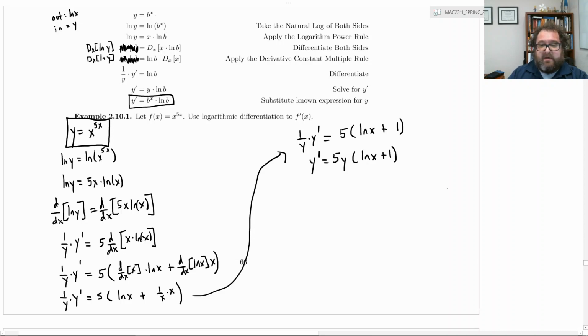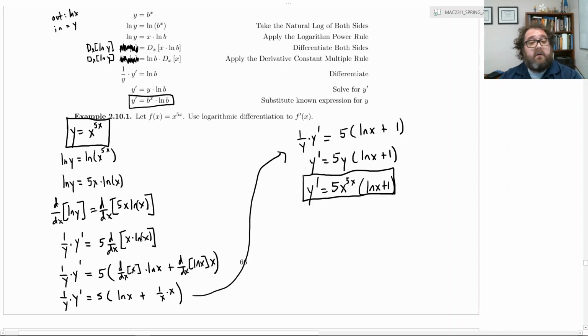So we could say by back substitution, we get y prime equals 5 times x to the 5x, because we know that's what y equals, times natural log x plus 1. There we are. There is our derivative of a variable base function with variable exponent.